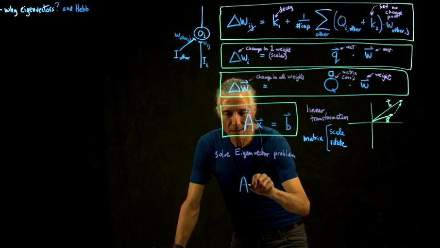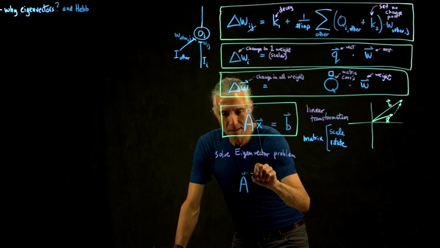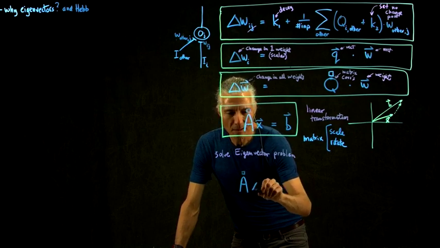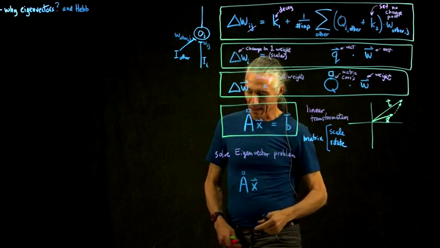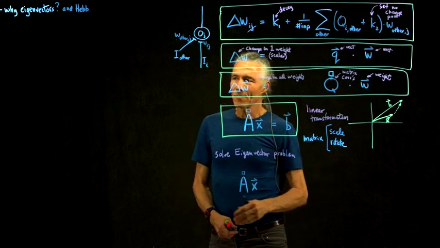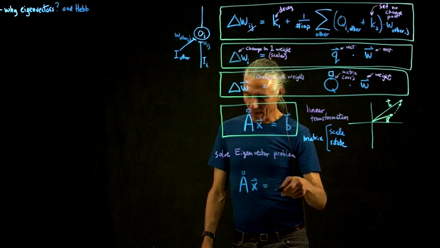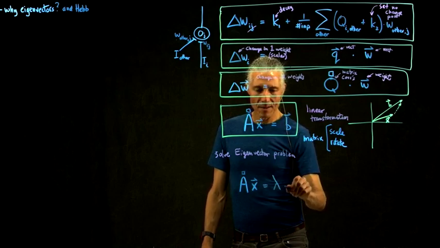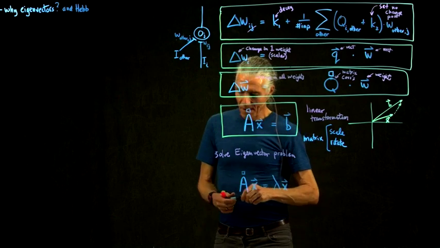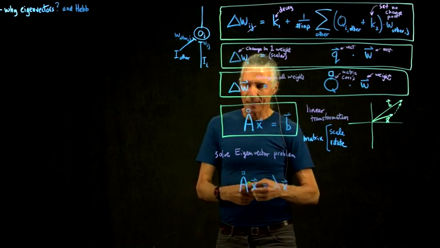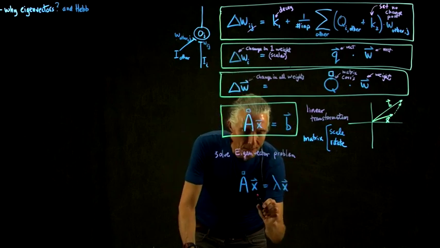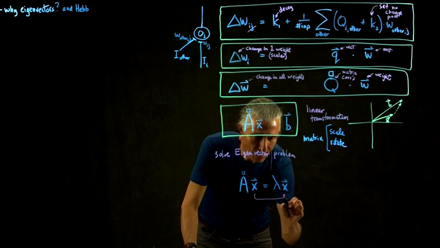If you have a matrix and you operate it on a vector, it's going to possibly rotate it and scale it. The eigenvector problem is to solve this equation that I'm writing down, just solve this equation for x. What does that equation mean? Let's look at that equation.